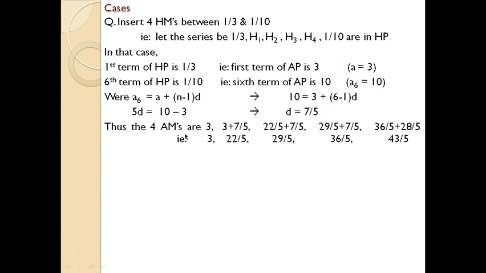Thus, the 4 arithmetic means are 3 plus 7 by 5, 22 by 5 plus 7 by 5, 29 by 5 plus 7 by 5, 36 by 5 plus 7 by 5, so the series can be written as 3, 22 by 5, 29 by 5, 36 by 5 and 43 by 5.